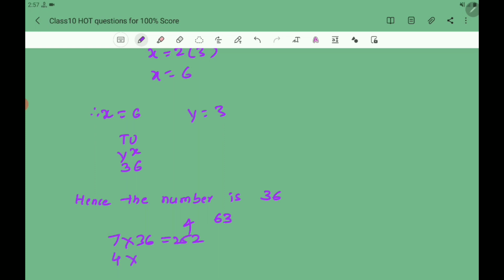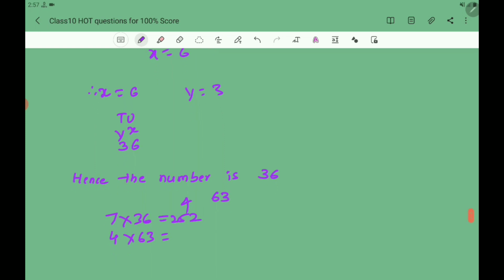And 4 times the second number: 4 threes are 12, 4 sixes are 24, plus 1 is 25, so 252. Both of them are 252. And the difference between the digits, 6 minus 3, is 3. You got the values which satisfy the given relation. So the number is 36.